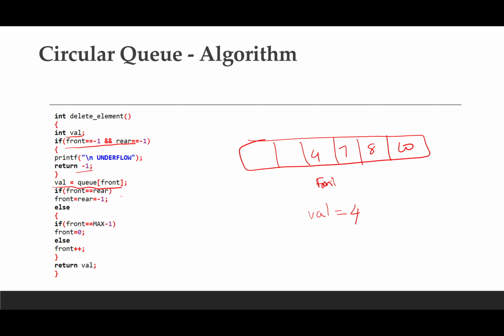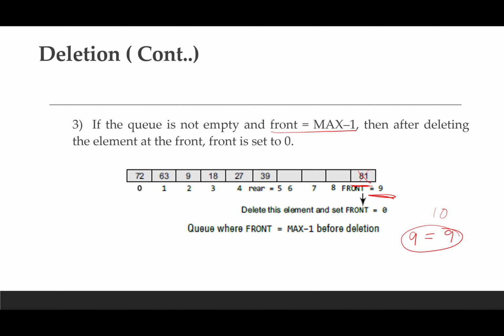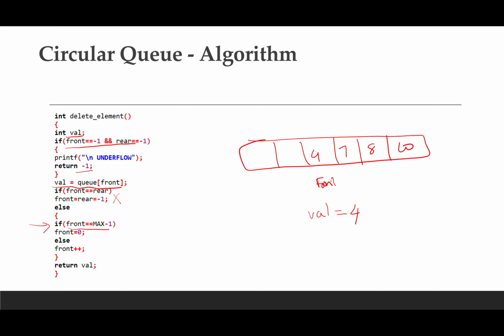Suppose this condition is also false, we go to the else part and check the condition front is equal to max - 1. The meaning is that in the last position the value is available. We have to remove that and assign the front position as 0. So we assign front is equal to 0.